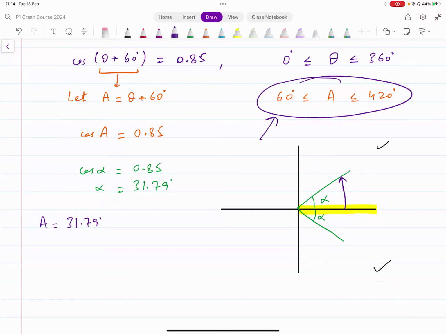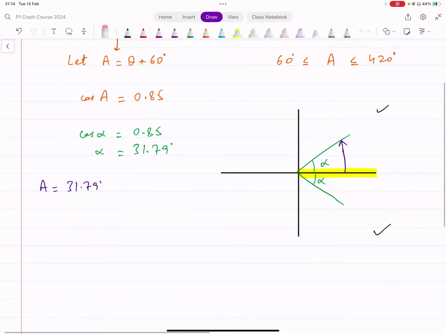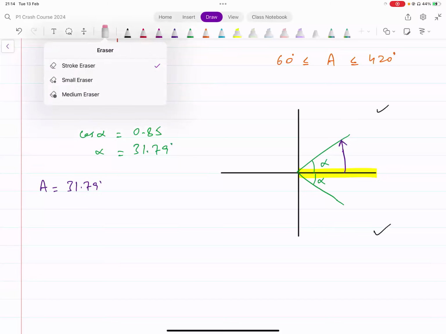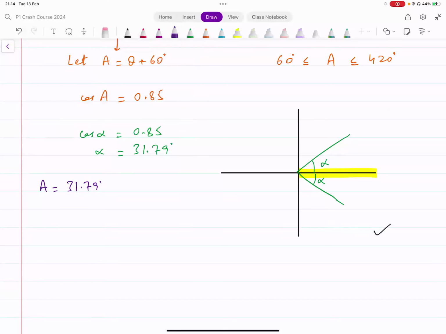We are solving for A, remember? The interval for A starts from 60. This is not in the interval. So we are not going to consider this. The interval for A starts from 60, and we're finding the value of A right now. So we are going to ignore this value. This is not possible. Okay, so we go further.